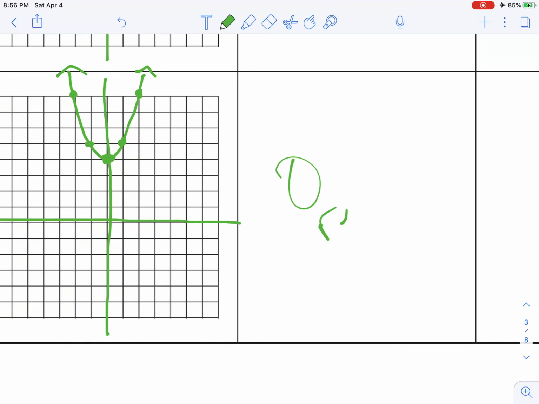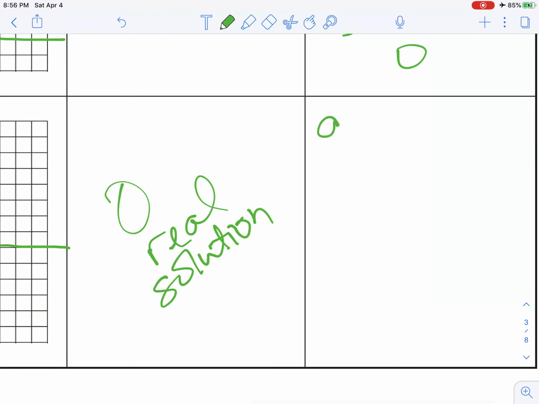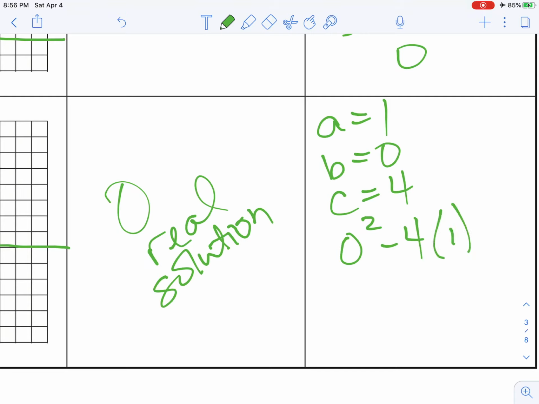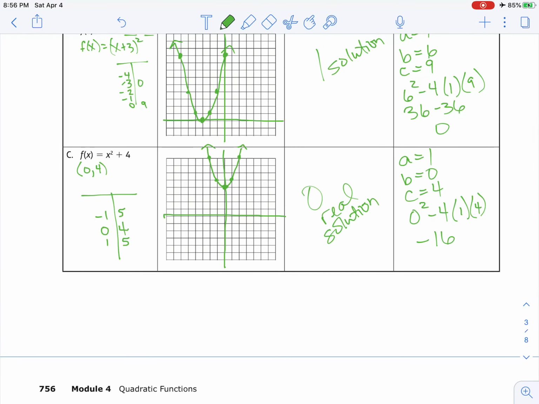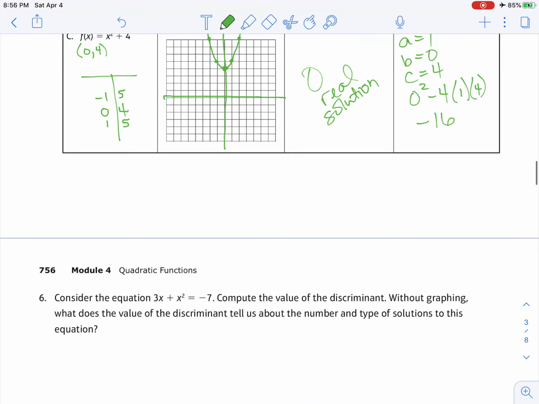Does it hit the x-intercept? No real solution. So my A value is 1. My B value doesn't exist. My C value is 4. So 0 squared minus 4 times 1 times 4 gets me -16.